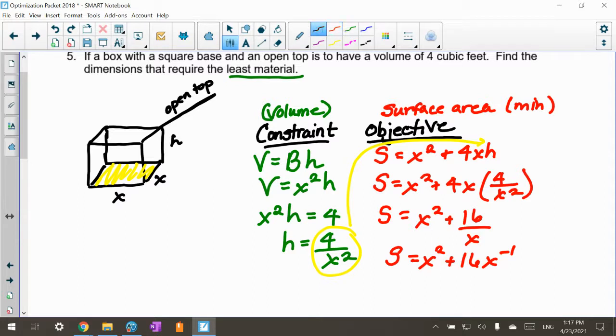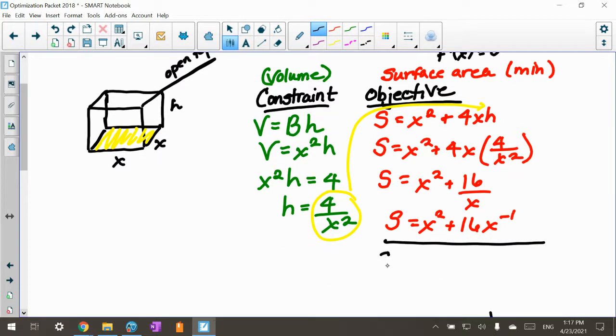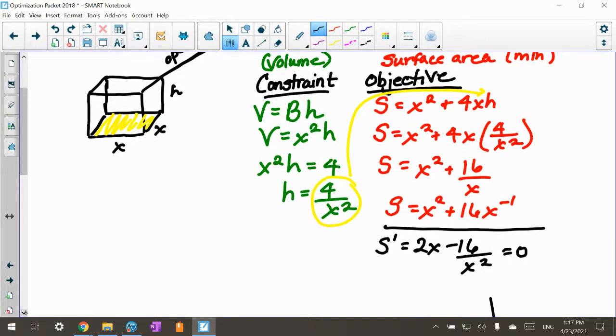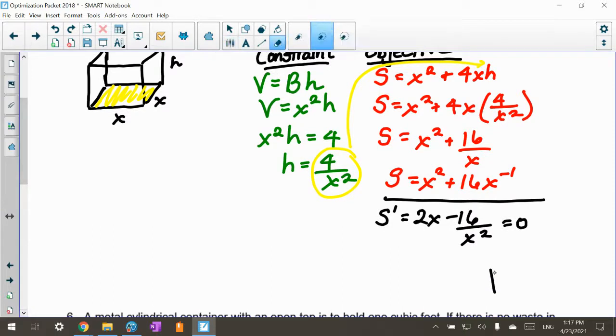Now remember, if we want to find a minimum or maximum, we have to take the first derivative and put it equal to 0. So s prime is going to be 2x minus 16 x to the negative 2, and put it equal to 0. I actually just did the first derivative. Now we solve for this.